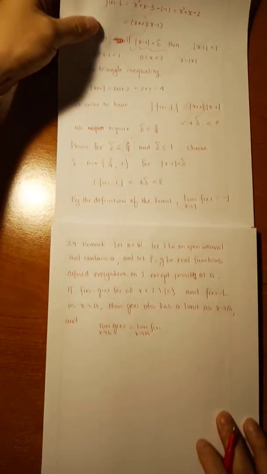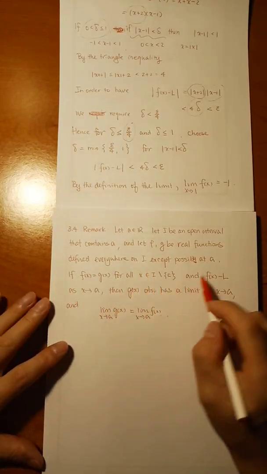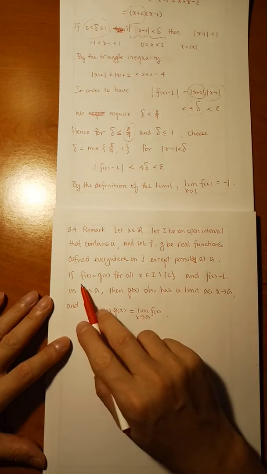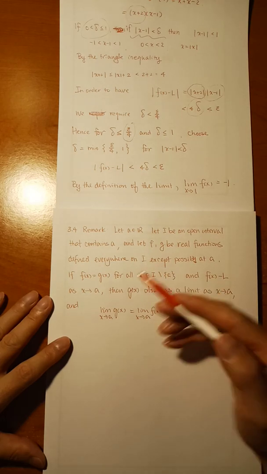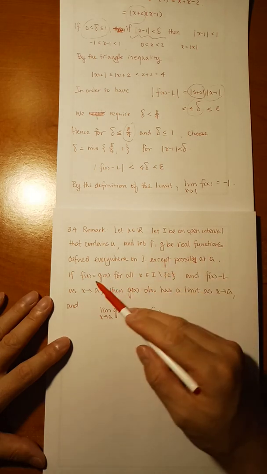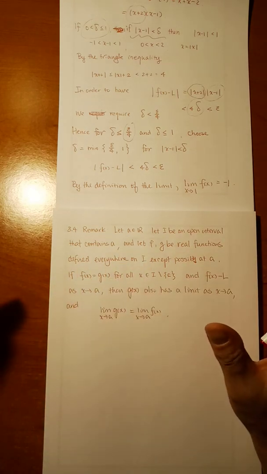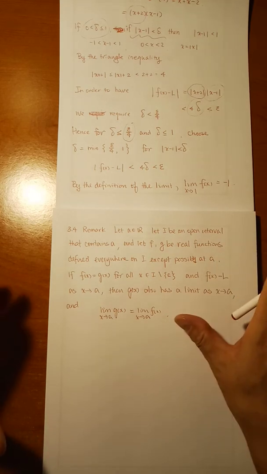Okay, so this remark just says those two functions are equal to each other, possibly except at this a. One has a limit, the other one also has the same limit. So I can define the function at a with whatever value. Keep the definition over other points.